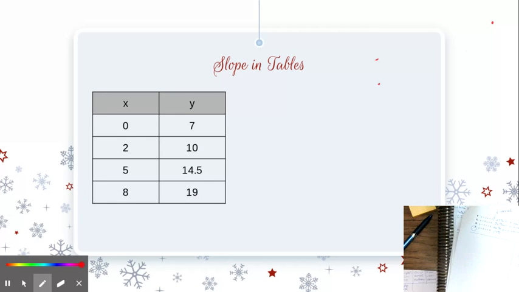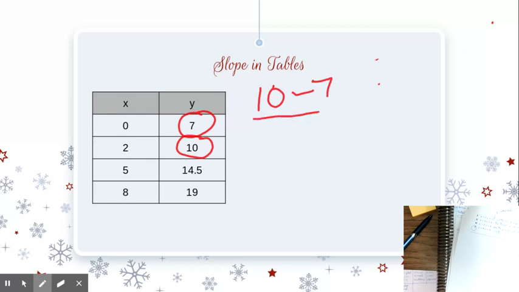When we find our slope, we pick 2 y's. I'm going to pick 10 and 7 because those are both whole numbers. So I'm going to do 10 minus 7. And then I'm going to pick the x's that match with that. I look at this 10 and the x that goes with it is 2. So I'm going to put 2 there. And then the x that matches with 7 is 0. So we're going to do 2 minus 0.